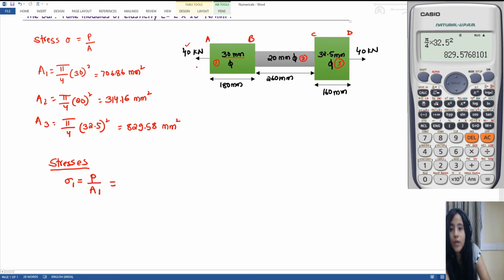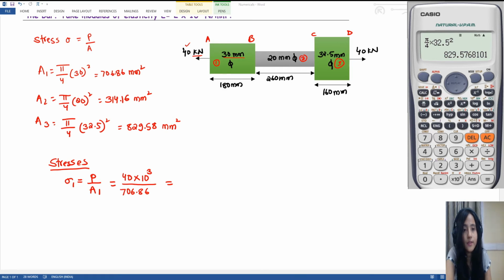How much is my load? It is given in kilonewton, so we will convert it into Newton: 40 into 10 raised to power 3 Newton divided by its area, 706.86.